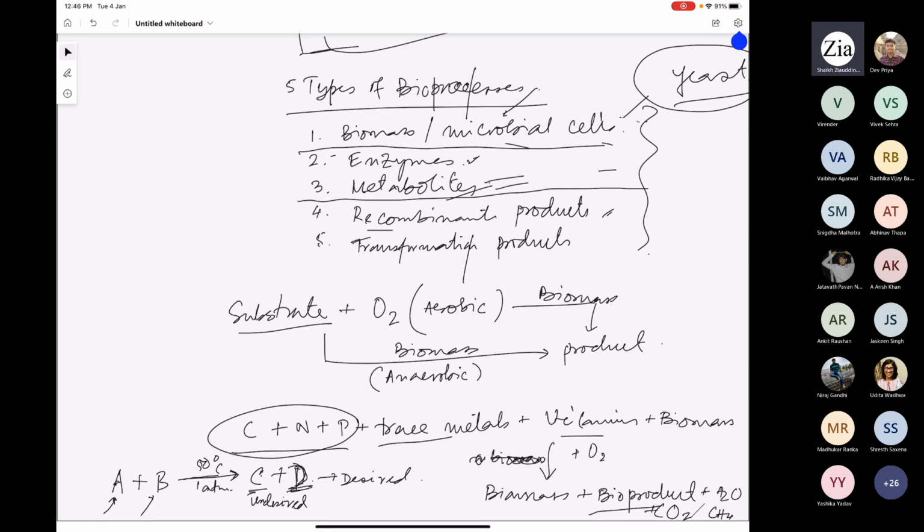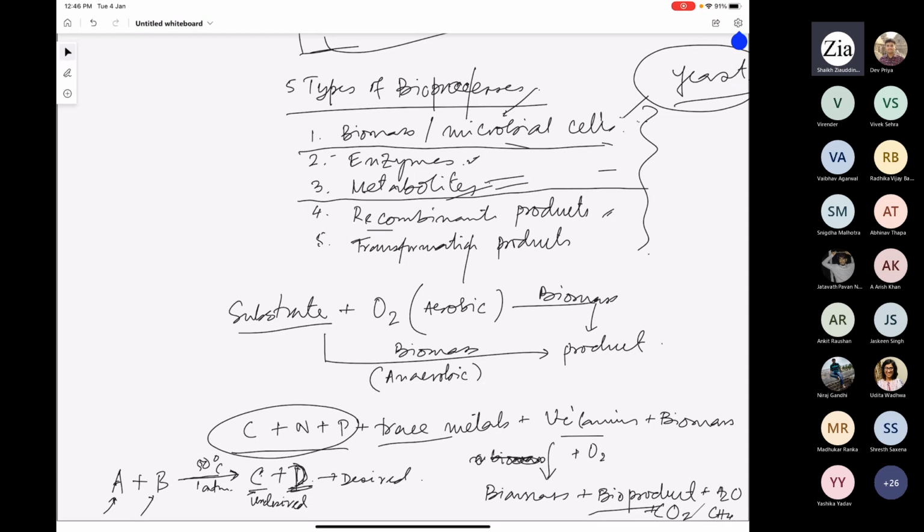Any idea? Yes, sir. Yield is something like the products formed experimentally, and the products that should be formed according to our calculation. When we divide, then we get the yield. Not exactly.